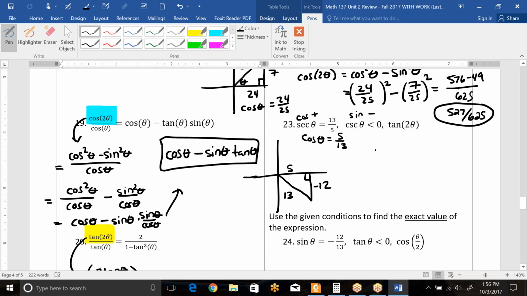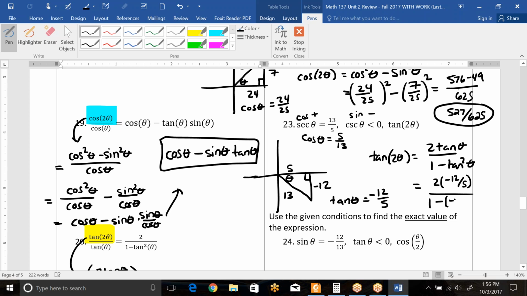So all we need for the tangent formula, remember, is actually tangent. We need to do 2 tan over 1 minus tan squared. So we just need to find tangent from this. So tan theta is opposite over adjacent, so that's negative 12 over 5. So this is 2 times negative 12 over 5 over 1 minus negative 12 over 5 squared.